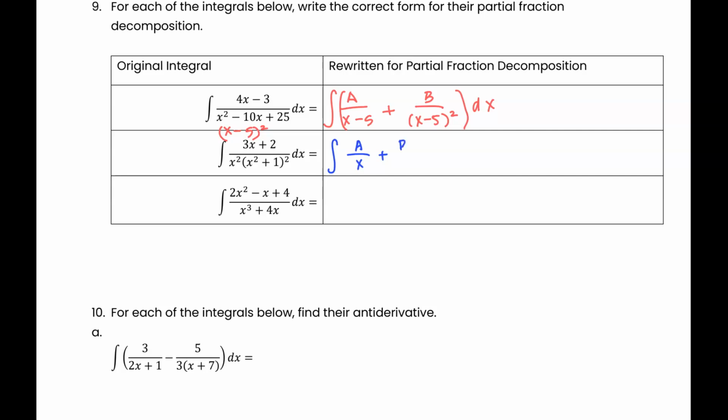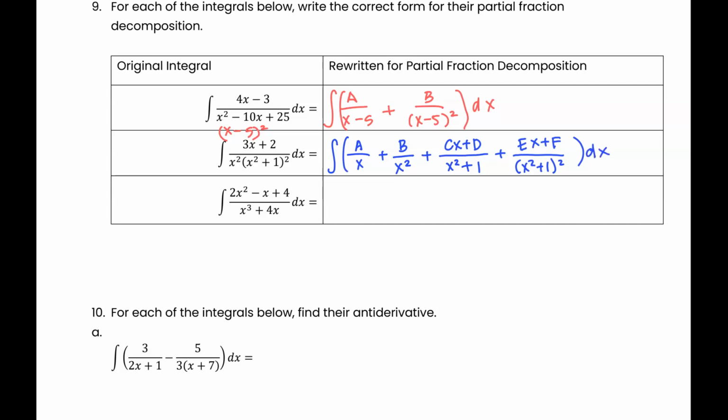So we have A over x plus B over x squared plus Cx plus D over the first instance of this repeated quadratic factor. I guess I don't need parentheses here. And then we'll need one more, Ex plus F all over that x squared plus 1 squared.